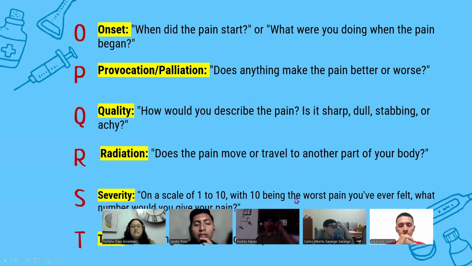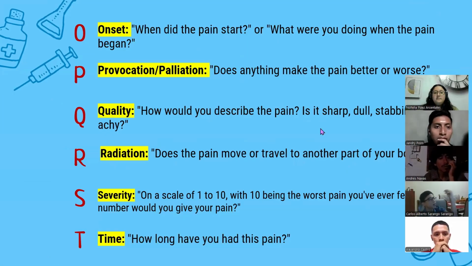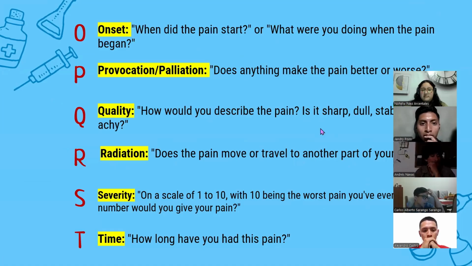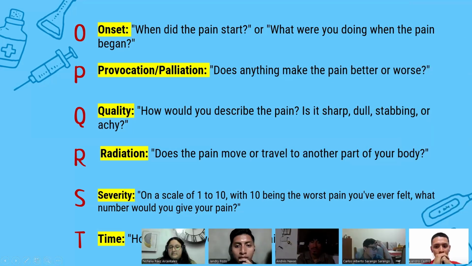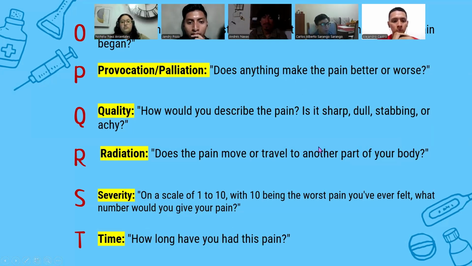So the OPQRST are: for O, onset, when did the pain start? For P, provocation. Does anything make the pain worse or better? For Q, quality. How would you describe the pain? For R, radiation. Does the pain move or travel to another part of your body?